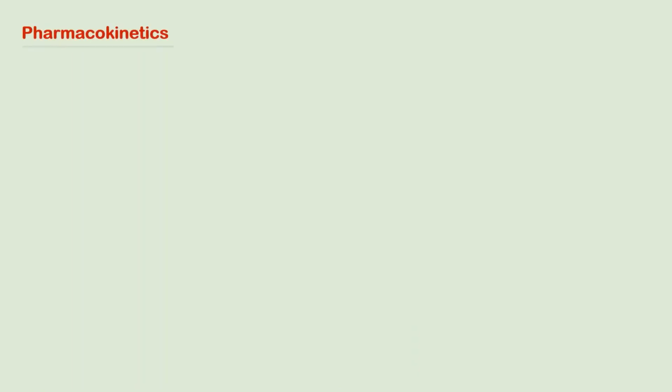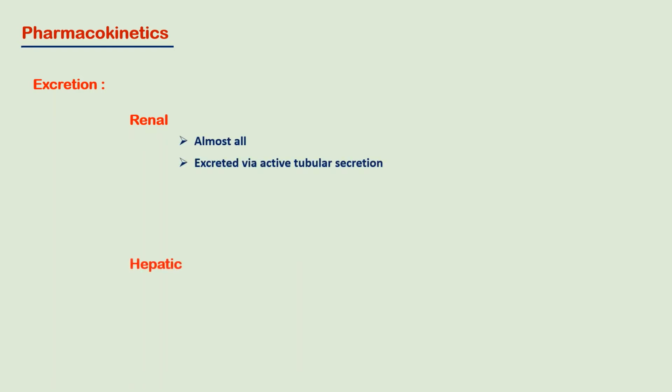Now about the pharmacokinetics. Most of these cephalosporins are water soluble and are excreted by the kidney through tubular secretion, except ceftriaxone and cefoperazone, which are secreted in bile.